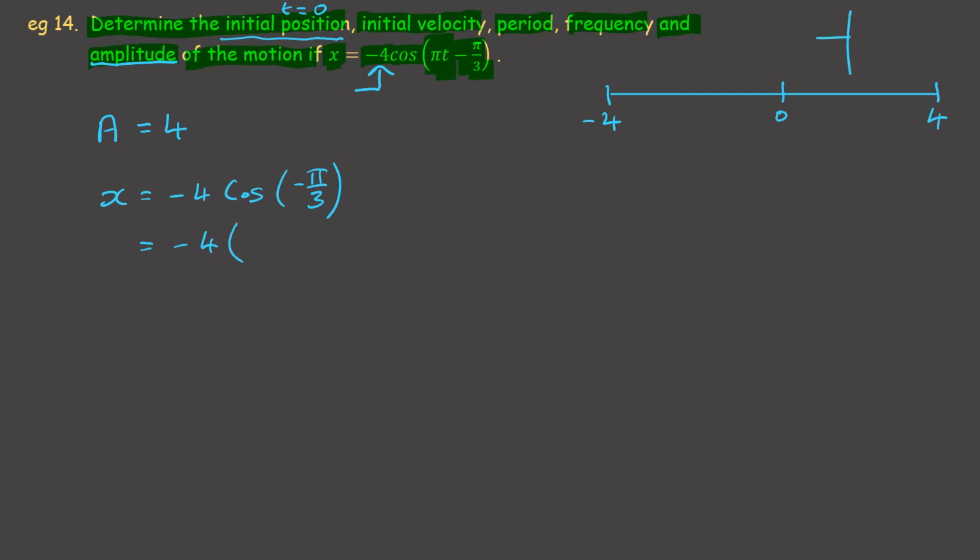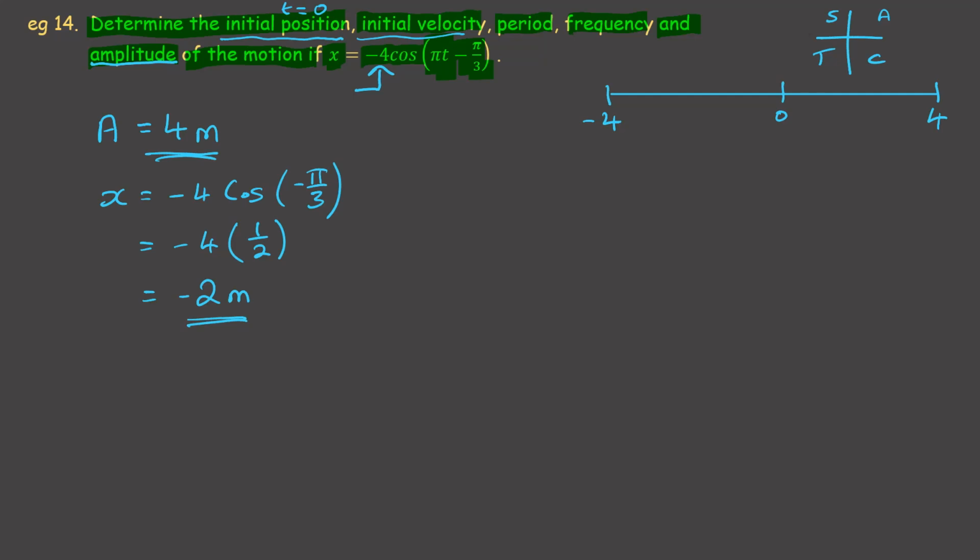Remember your CAST diagram, ASTC, so cosine is positive down there. Cosine of pi by 3 is a half, so that is -2, and it's probably in meters. This one's in meters too. Okay, so that's the initial position.